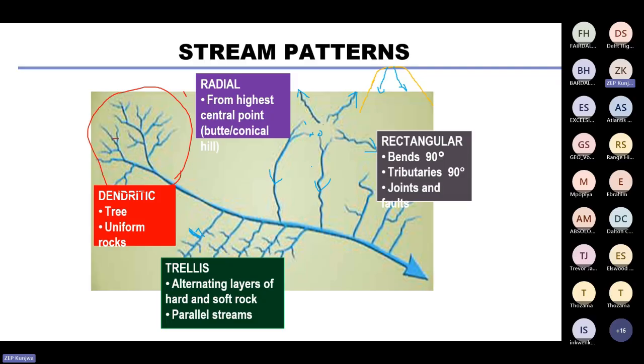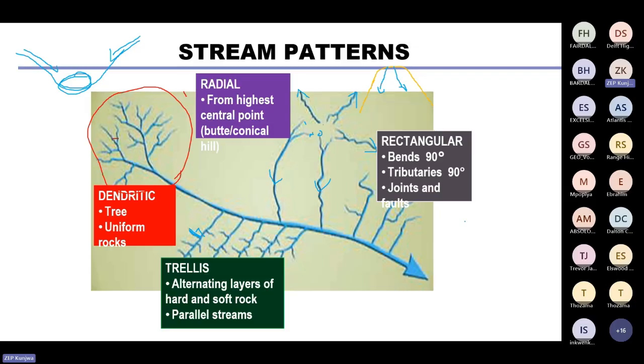Now, I know it's not in this diagram, but a centripetal is when rivers are coming from different high-lying areas to meet in one central point, the low point, where most of the time there's going to be a dam receiving all those rivers coming from these directions. It's the opposite of the radial. With the centripetal one, the center is where the rivers are going, whereas on the radial, the center is where the rivers are coming from.